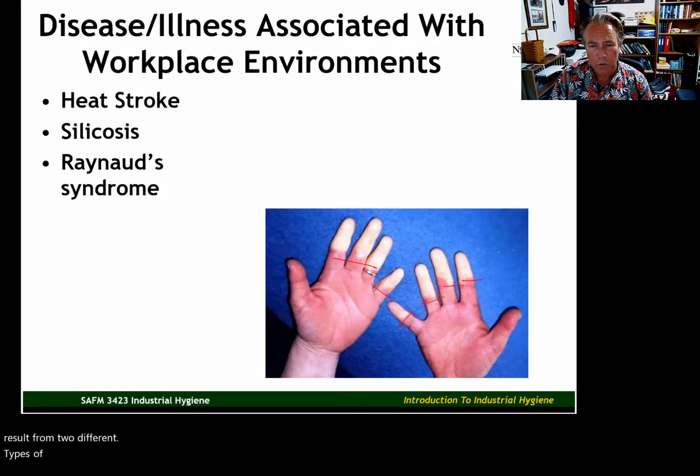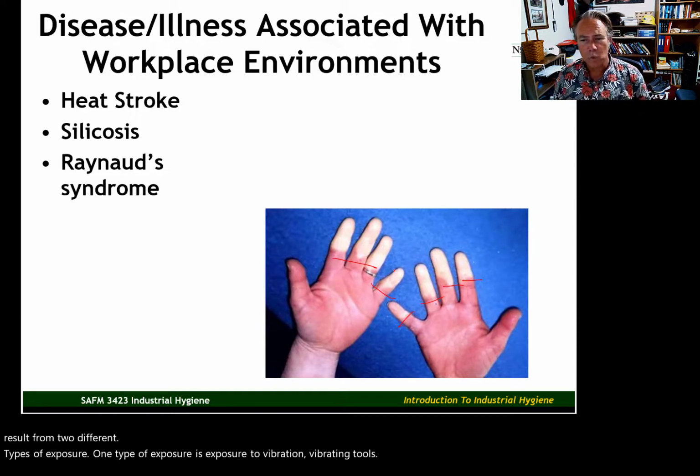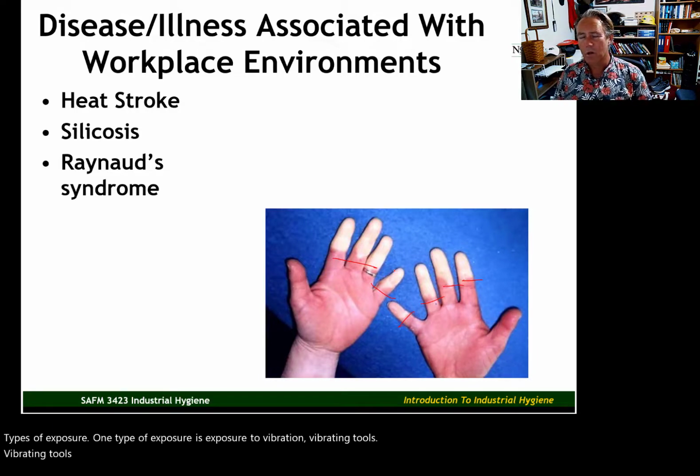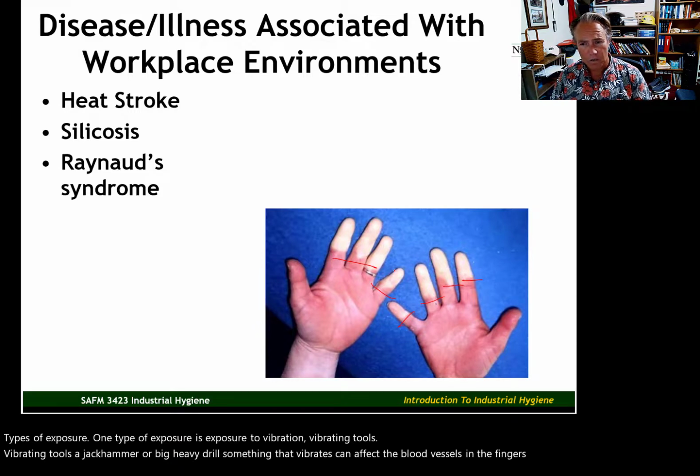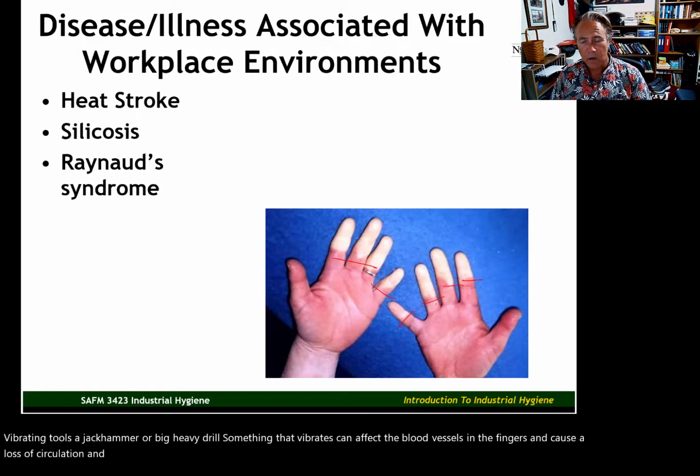One type of exposure is exposure to vibration, vibrating tools. Vibrating tools like a jackhammer or big heavy drill, something that vibrates, can affect the blood vessels in the fingers and cause a loss of circulation in the fingers. It also affects the nerve endings in the fingers.